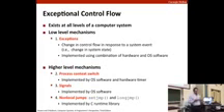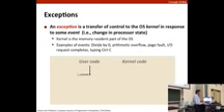Normally, from within a function you can only return to the function that called you. Non-local jumps allow you to break that pattern and return to some other function or some other part of the code. We'll look at signals and non-local jumps next lecture. Today we're going to look at exceptions and processes.